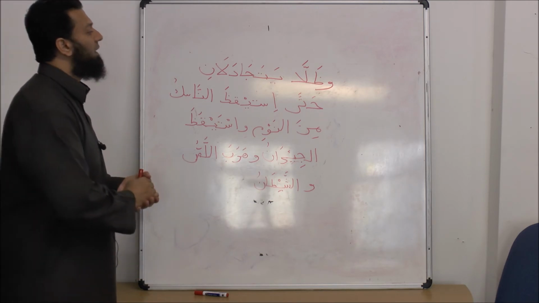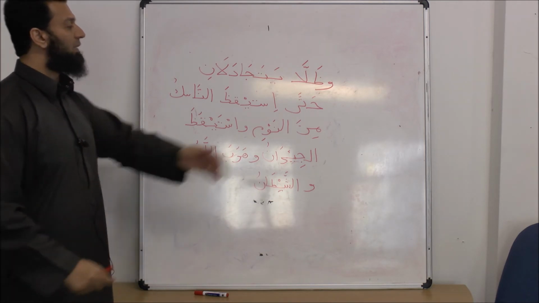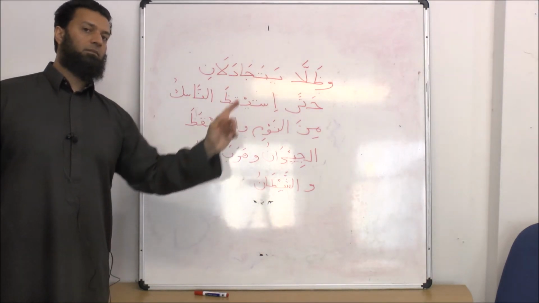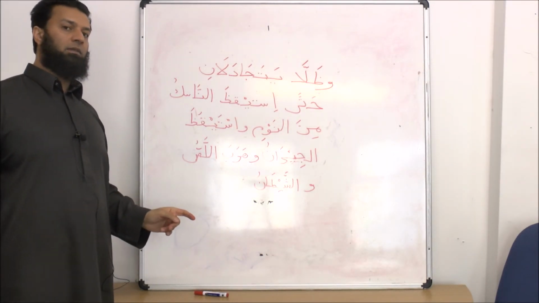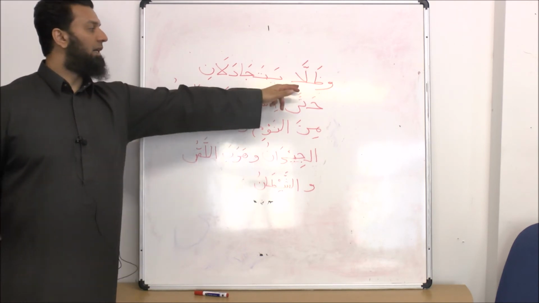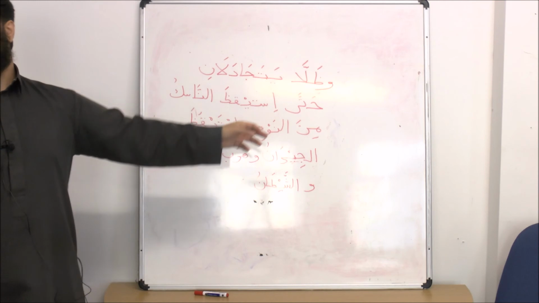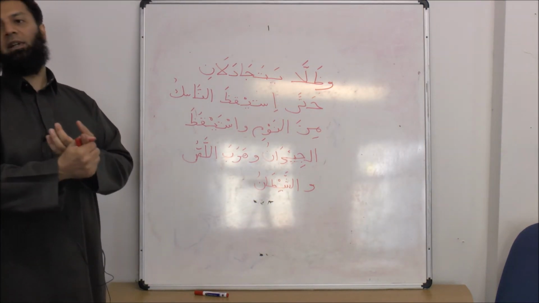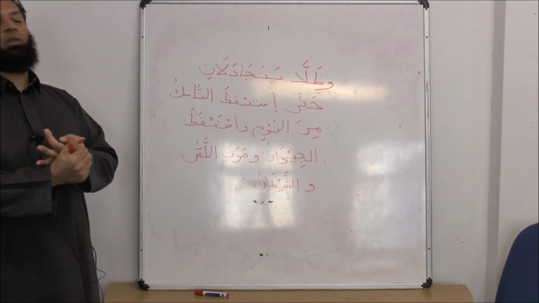The reason why that's in the dual: it's only one alif that makes it dual in the madi, and in the mudari it's ani. Why is that in the dual? Because we're talking about two whom we've mentioned, the shaitan and the lass.